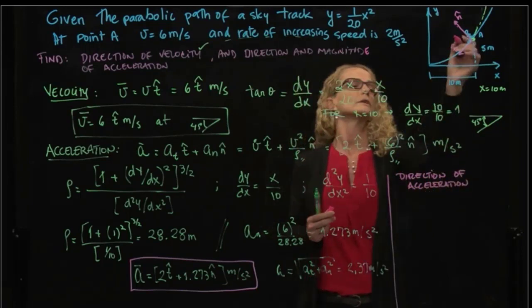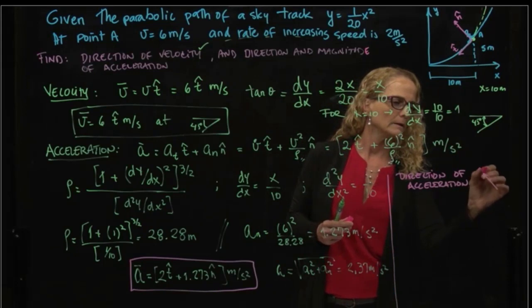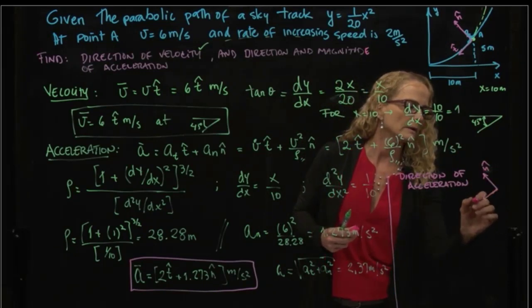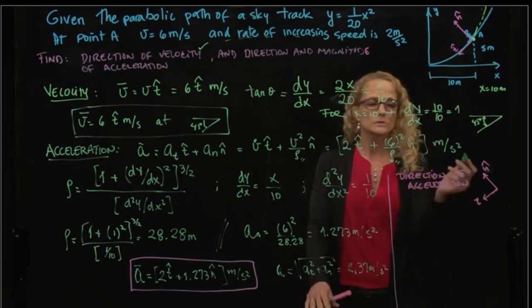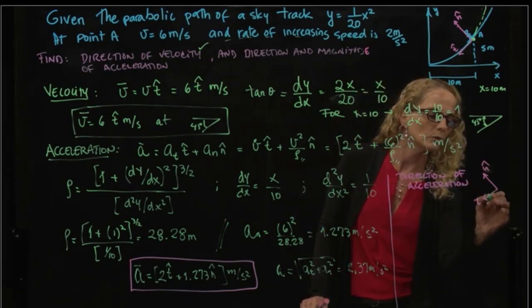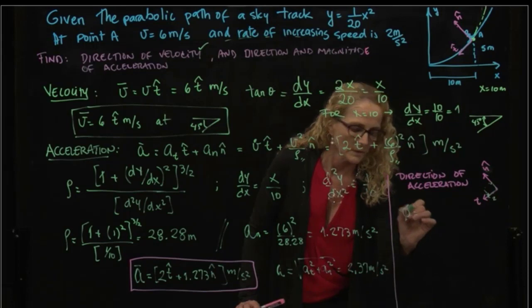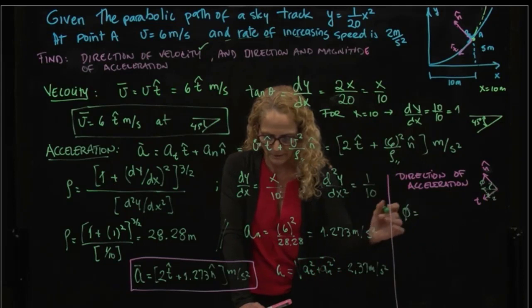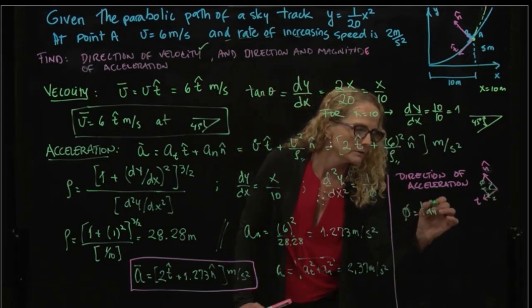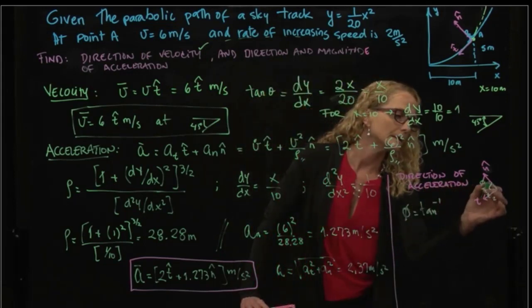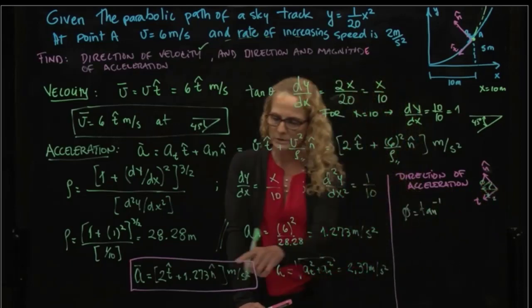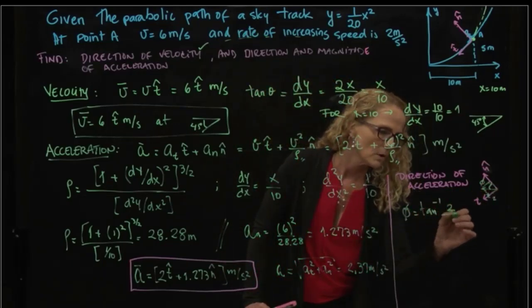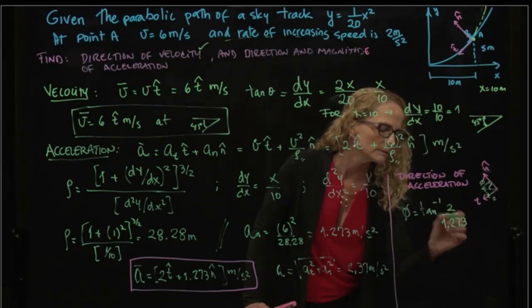So we know that we have a normal component and a tangent component, right? So this is 2, and this is 1.273. Our angle that we can find is between these two. So I can find this angle phi, which will be a resultant. Phi will be the inverse tangent of the tangential component, which is 2, over 1.273.